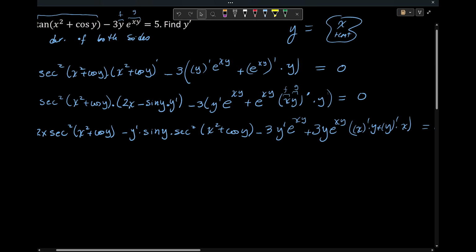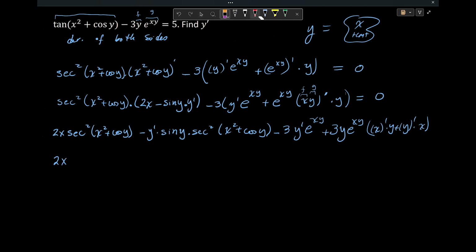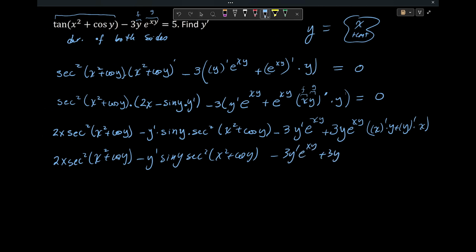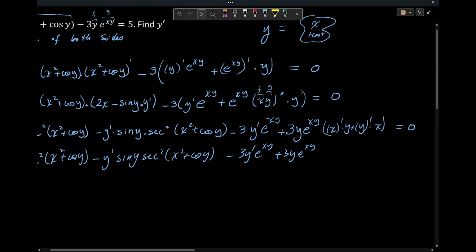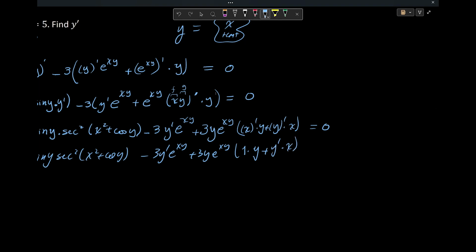Let's leave things the same way here a little bit. And then what's the derivative of x? It's 1 times y plus the derivative of y, which is y prime, times x, equals 0.